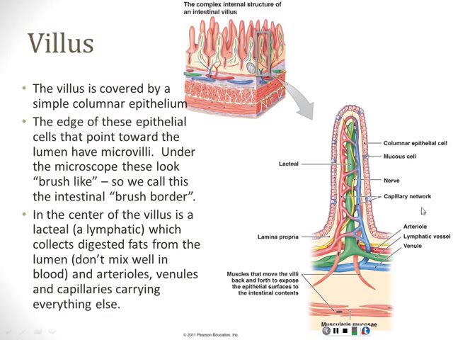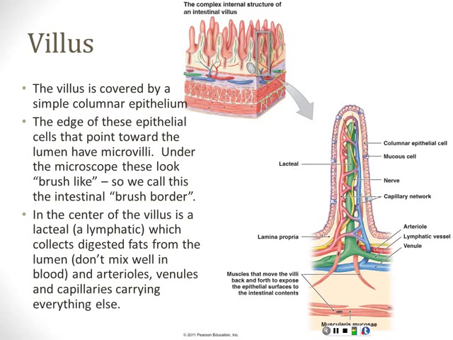And then right in the center here, we have this big green thing. The lymphatic system in the intestine is somewhat modified compared to what you see in other places. We have this single large tube running through the center of each villus that we call a lacteal. Now, lactose is milk sugar, right?